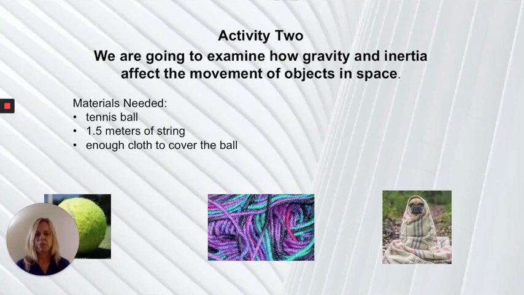The first thing you will do is wrap your cloth around the ball. This is very easy to do. All you have to do is place the ball in the middle of your cloth.